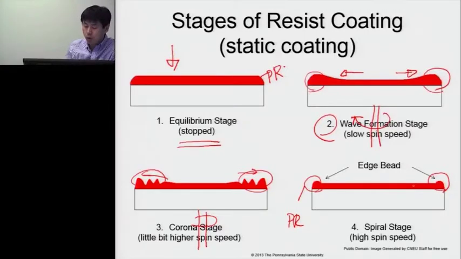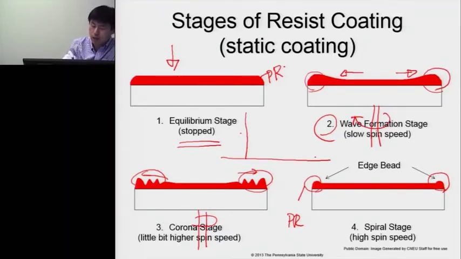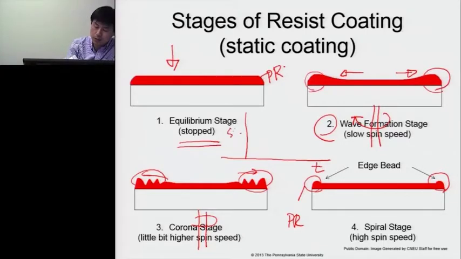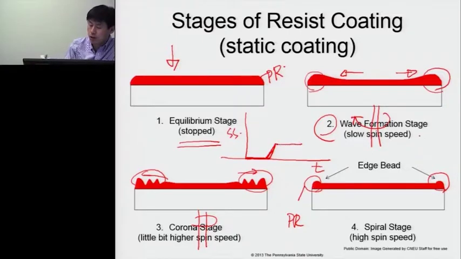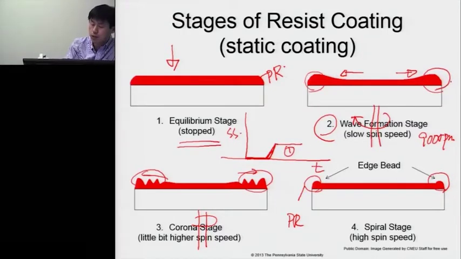So for both static and dynamic coating, these are the strategies people are using. This axis is time, and this is spin speed. In the static case, we apply the photoresist when the chuck is stopped, so the spin speed is 0. Then we spin the chuck at a very slow speed, about 900 RPM. In this stage the photoresist just moves.